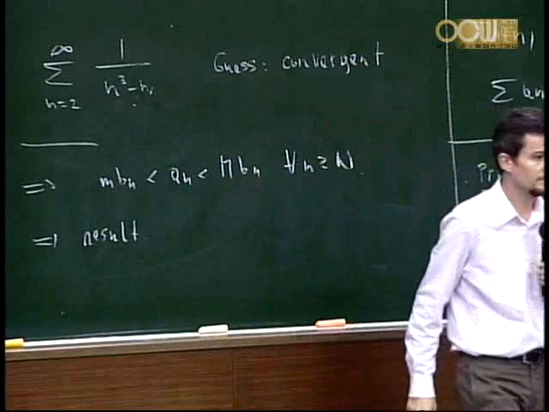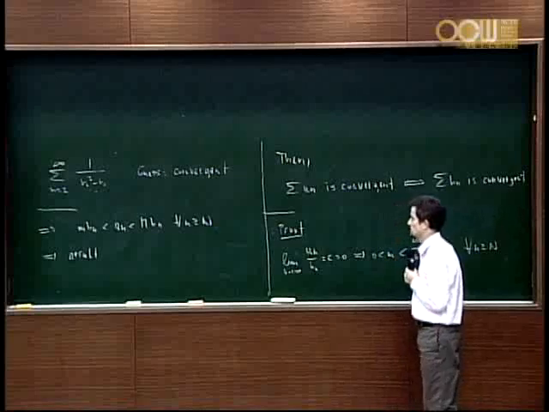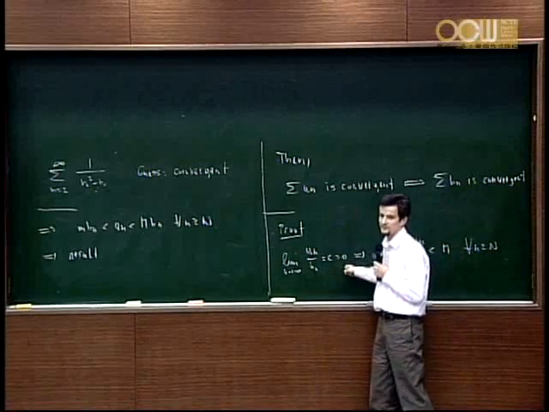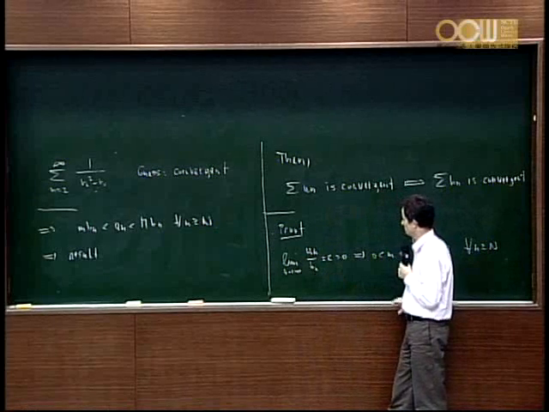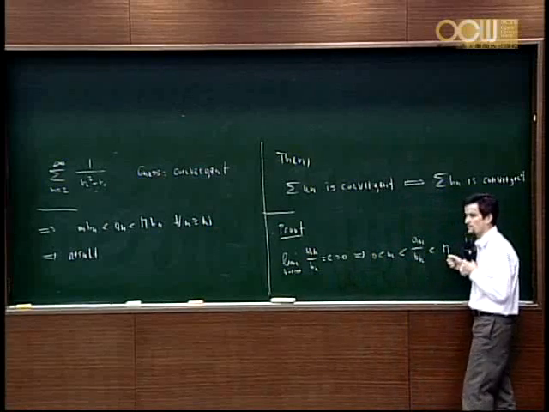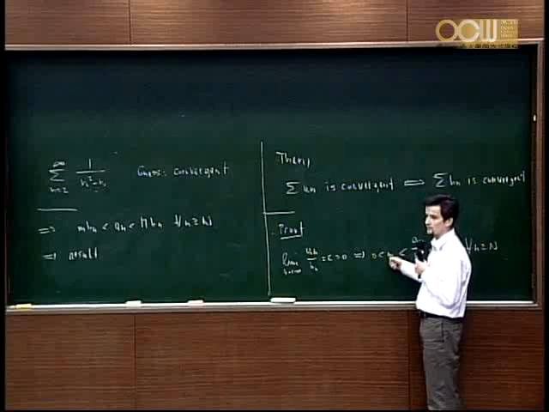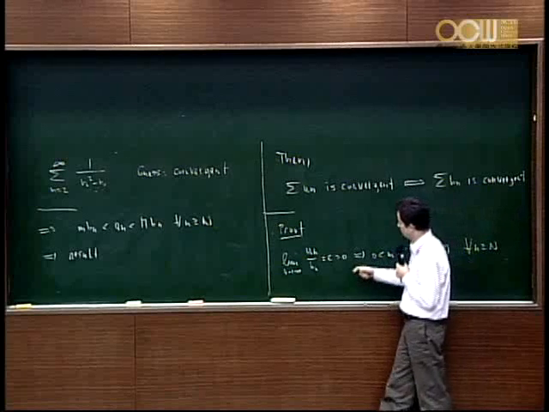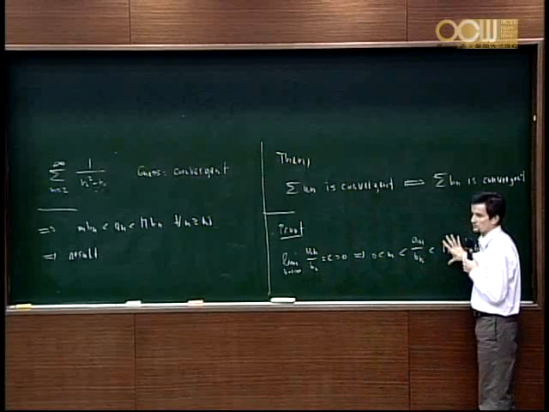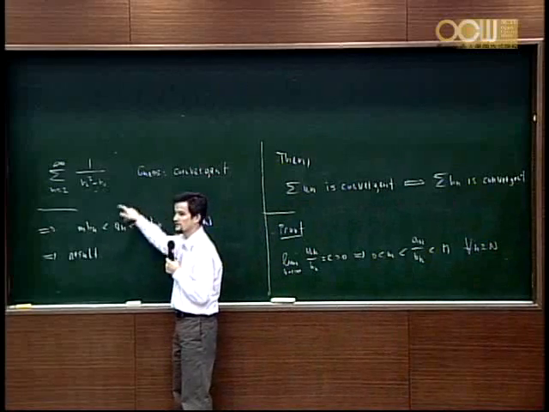So you see that actually this is just an application of the original comparison test. You also see why this condition is important here, because if this is equal to 0, then you still have an upper bound, but you do not necessarily find a lower bound. So if this limit is equal to 0, then you just get this part of the inequality.